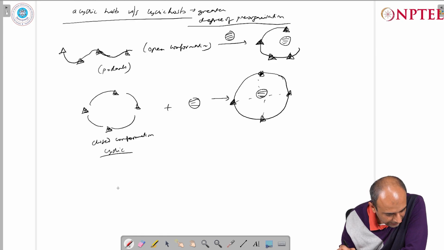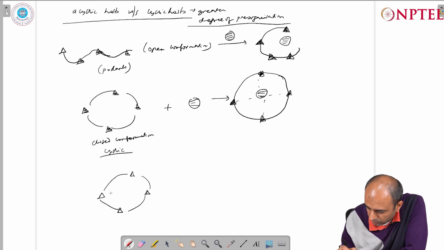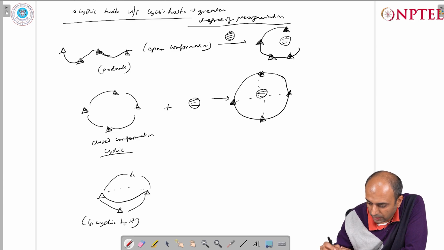We can also have a bicyclic host, and then we add the same metal ion, and this can form a complex.